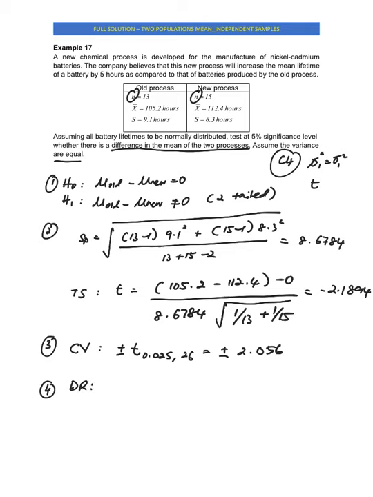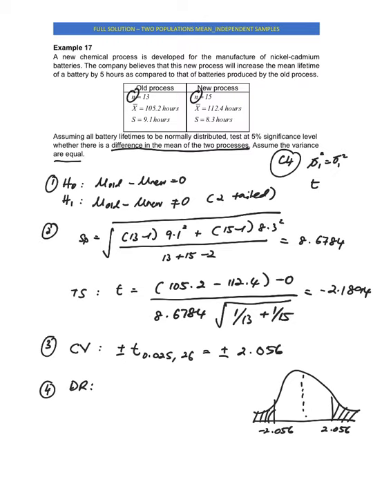Okay, so kalau nak buat decision rule, saya suka lukis. Okay, now we have two tail, right tail and left tail. This one is negative 2.056. This one is 2.056.